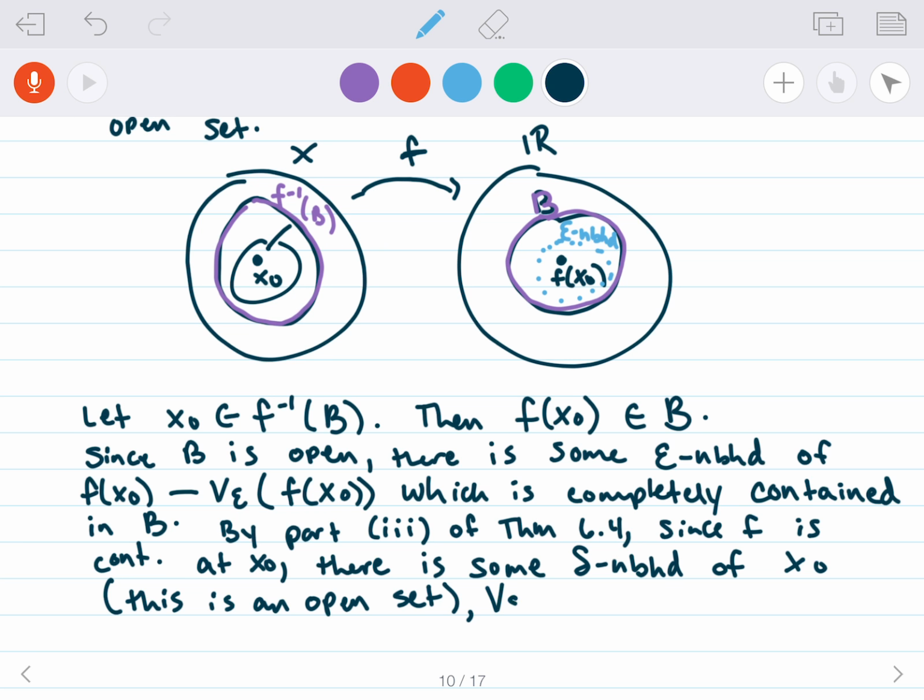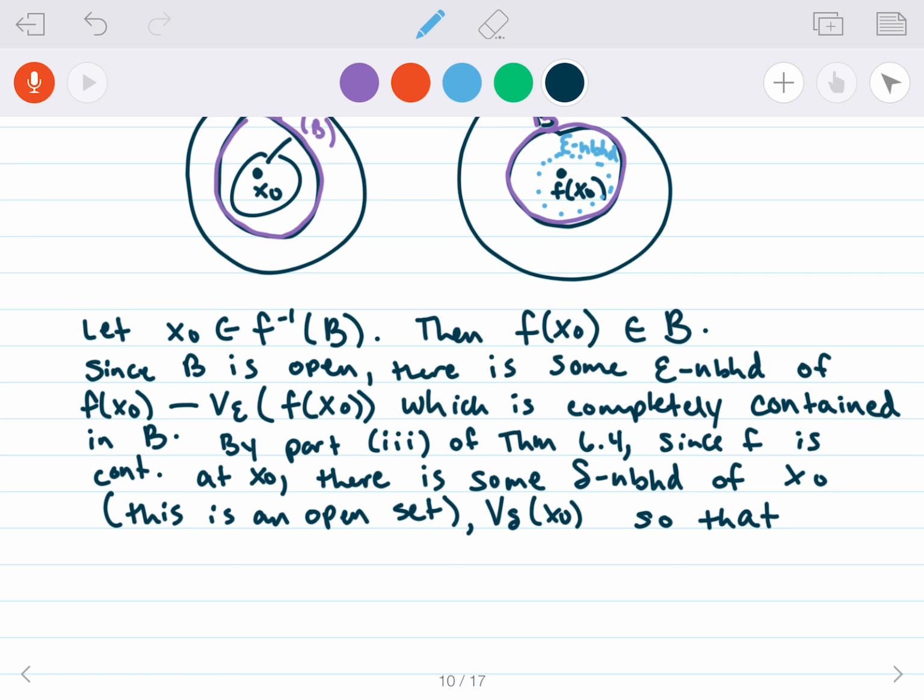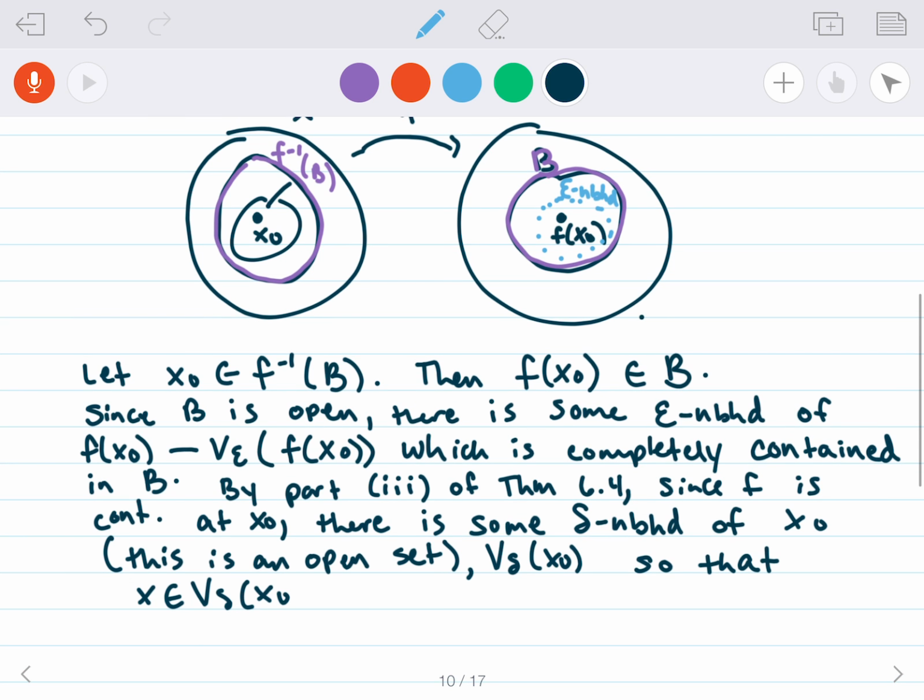Let's call it v sub delta x naught. I'm just applying the definition of continuity here by part 3, so that whenever x is in this delta neighborhood centered at x naught, let's say that this is the delta neighborhood, and maybe I will highlight it here in red, and then in blue I have my epsilon neighborhood of f of x naught.